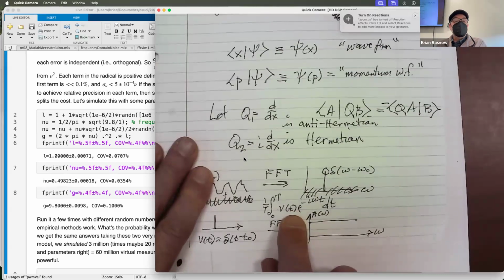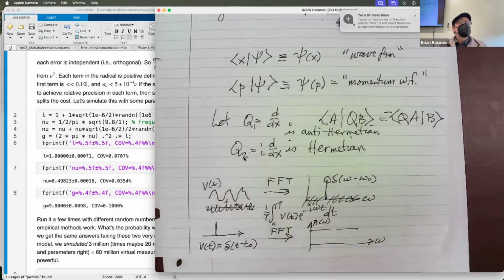Because they have this form. So momentum space is a Fourier transform of position space.